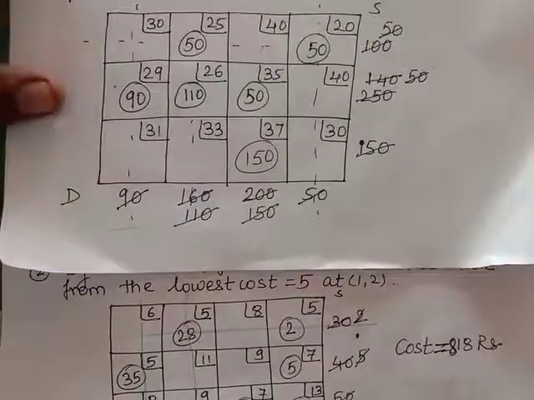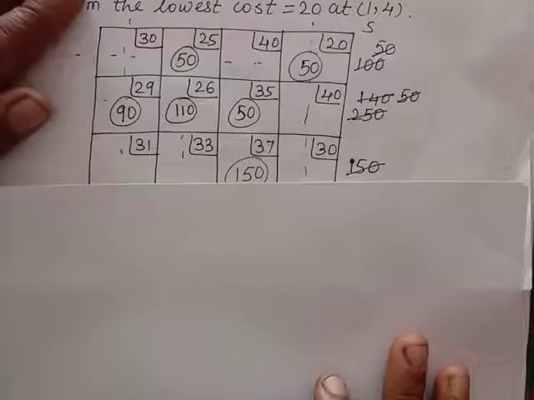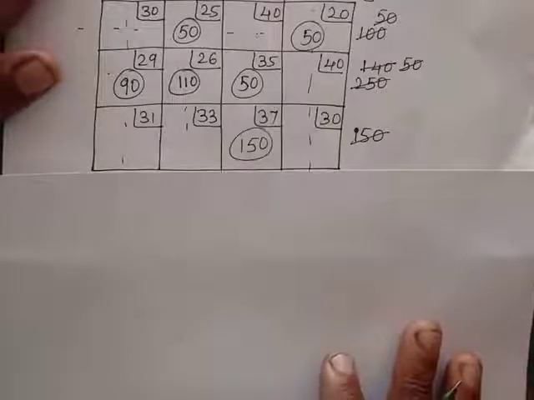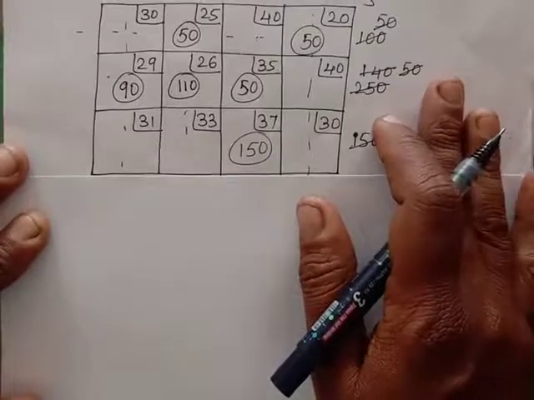Let me keep that here. Let me take another. Let's write this. My aim is that you should visualize whatever I am doing. You should be able to see that.